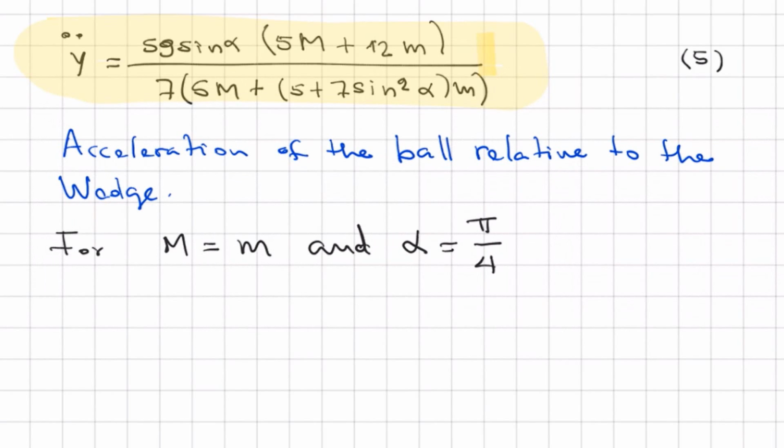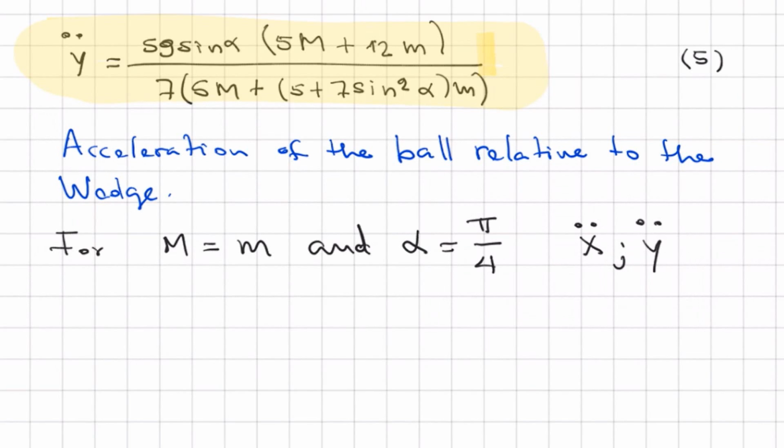Those are the conditions that we have, and we want to find the acceleration of the wedge and the acceleration of the ball relative to the wedge under those conditions.